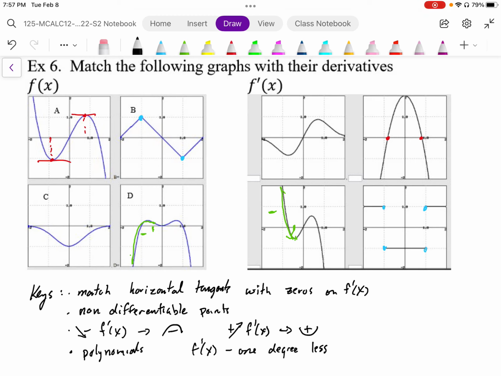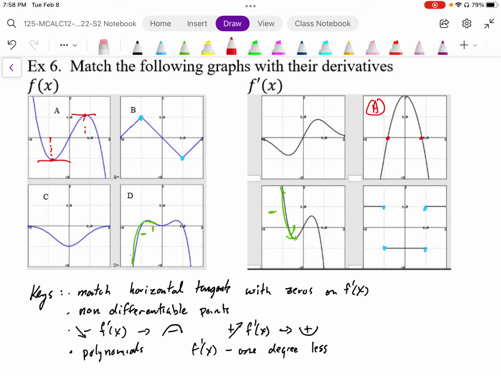So an example of that would be if I look at A, which is a cubic, then the parabola should match that cubic function as its derivative. So looking at a few things, we can have a lot of these things cross-reference each other. For example, this is definitely A, because the horizontal tangents match the zeros here. It goes from cubic to a quadratic.